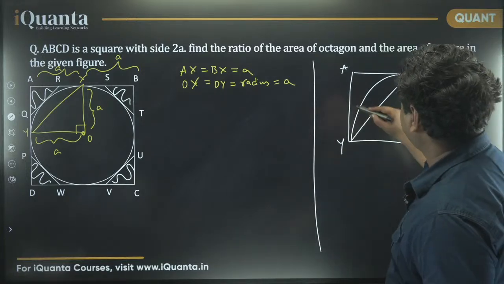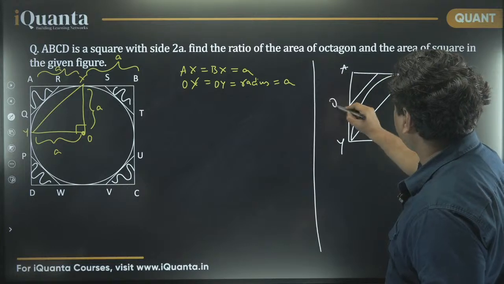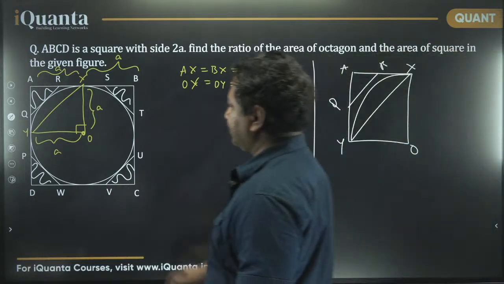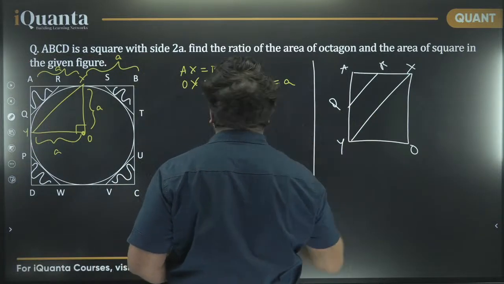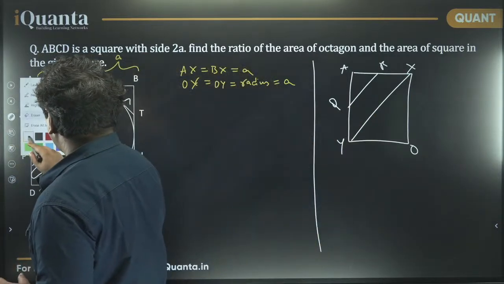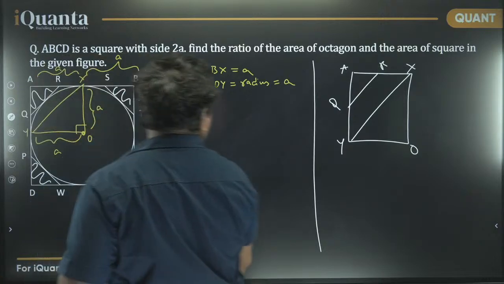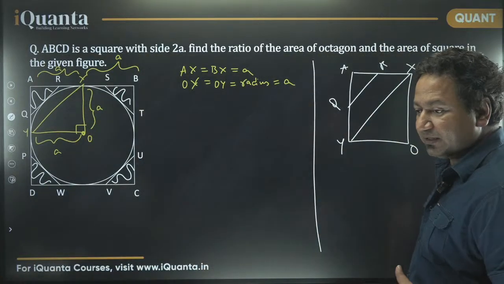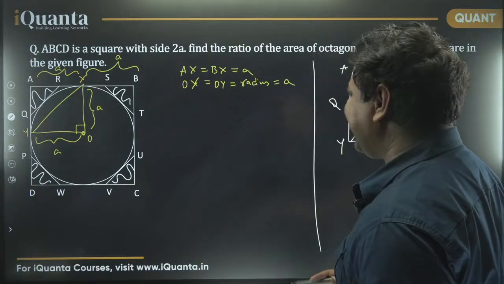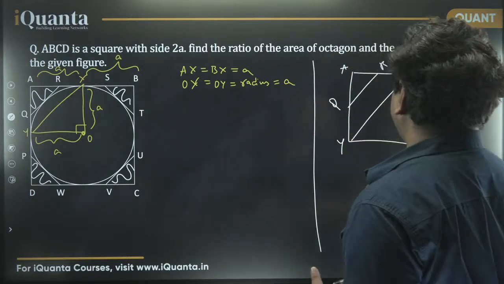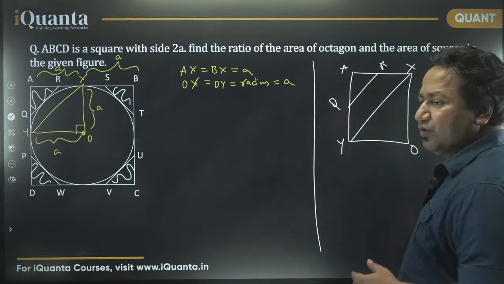And then I have this QR. By the way, this thing is not my concern. I've just taken out this thing. Is that clear? So now it will become easy for me to calculate the area of triangle AQR.